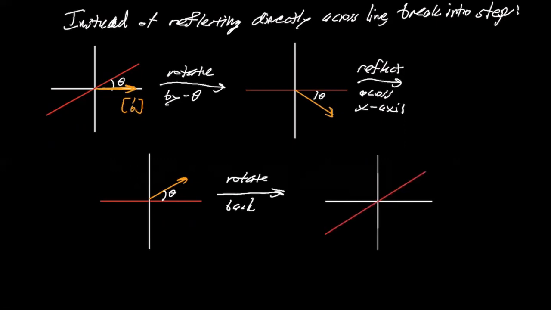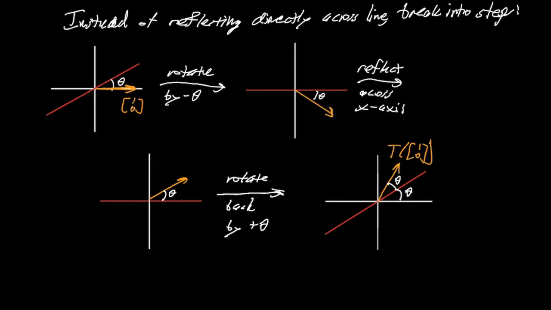So that's still theta, but now that we've rotated back by plus theta, the orange vector is up here where it should be after reflection, right? So this really is T of 1, 0 now, because we've finally done the reflection. And it should make the same angle, right?